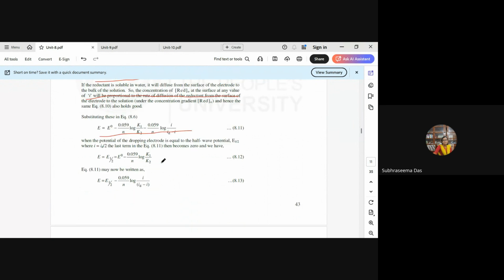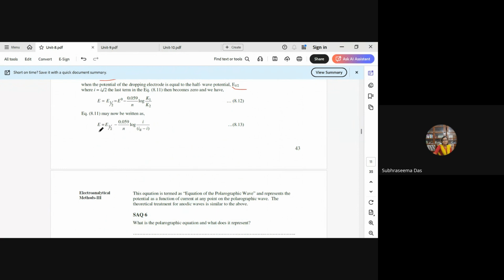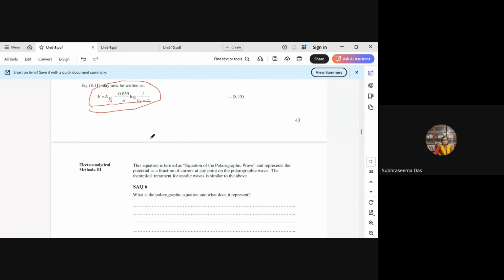When the potential of the dropping electrode is equal to the half-wave potential, that we represent as E half, then I is equal to ID by 2. Then the overall equation, this 8.11, can now be written as E = E half minus 0.0591/n log of I by (ID minus I). This equation is called the polarographic wave equation.